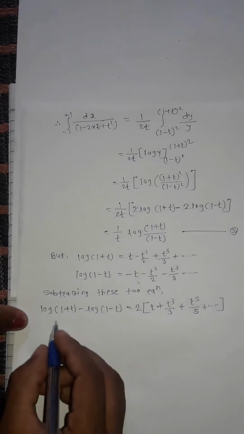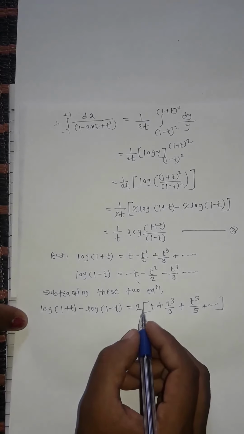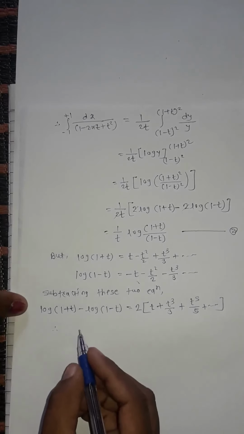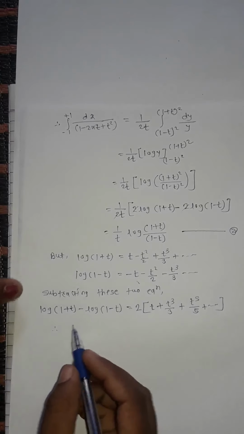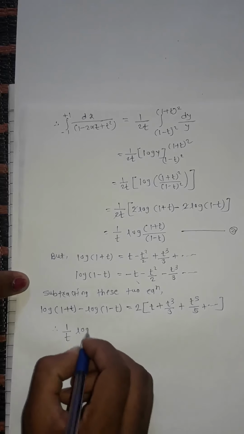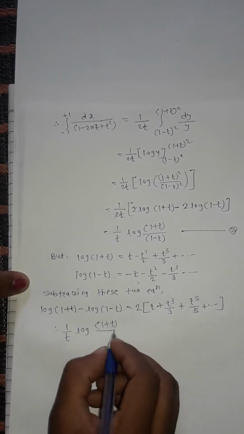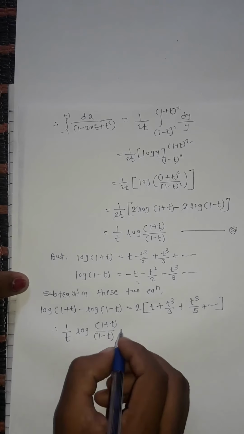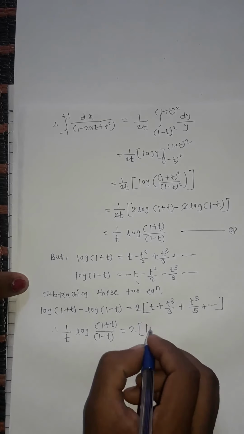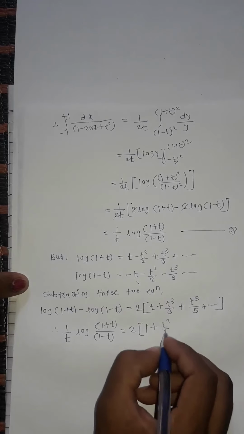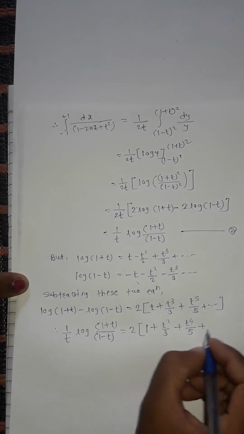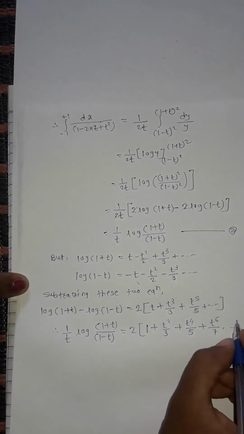Therefore, 1 upon t into log of 1 plus t upon 1 minus t is equal to 2 into 1 plus t square upon 3 plus t raised to 4 upon 5 plus t raised to 6 upon 7 and so on.